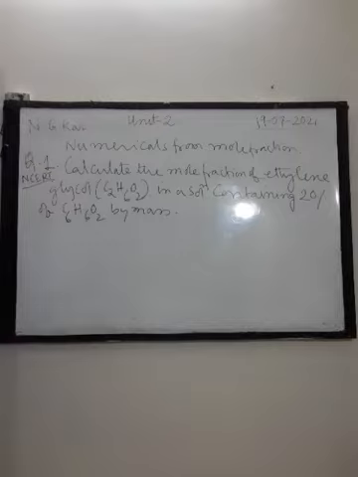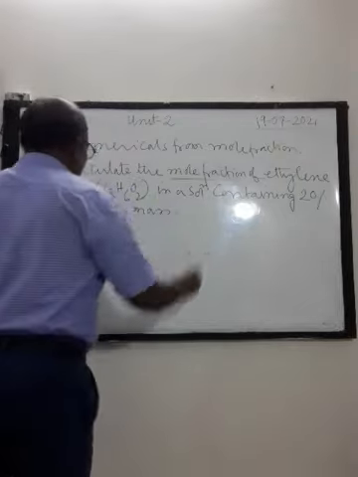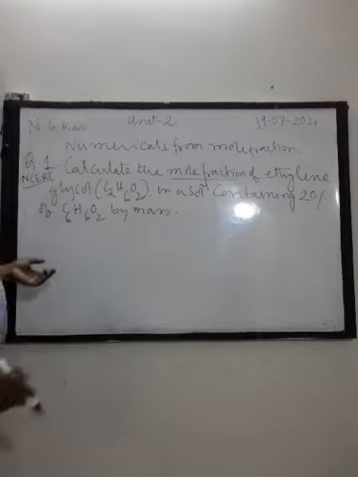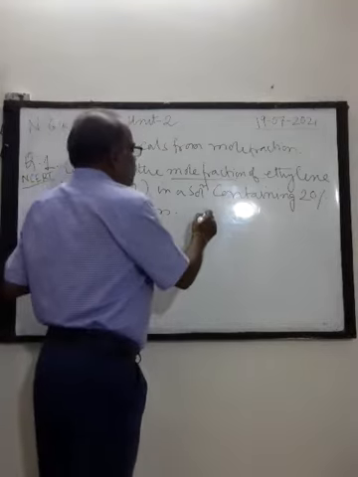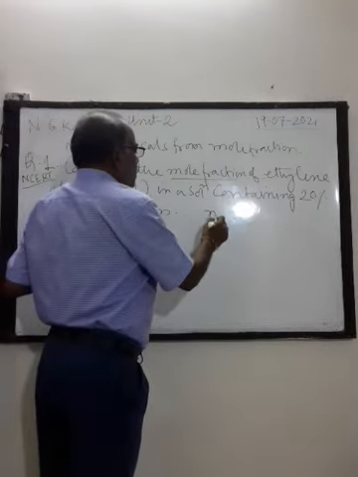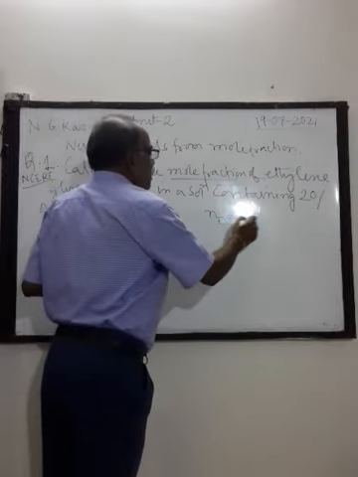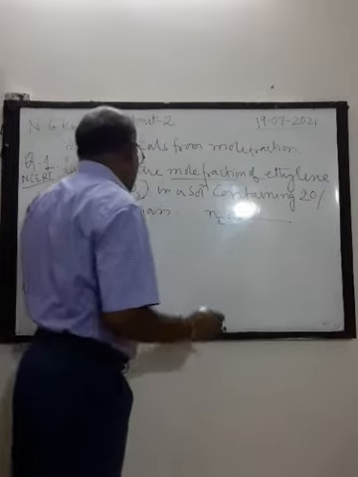So, to find the mole fraction of ethylene glycol, first of all it is necessary to find the number of moles, because mole fraction depends only on the number of moles. Now, the number of moles of ethylene glycol equals the mass of ethylene glycol divided by the molar mass.